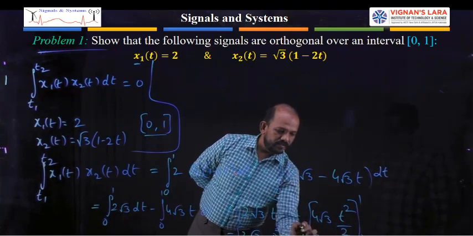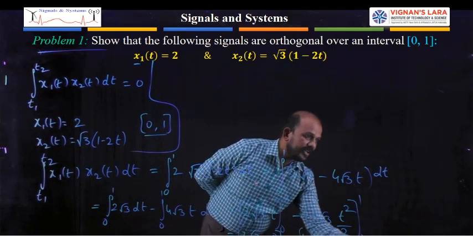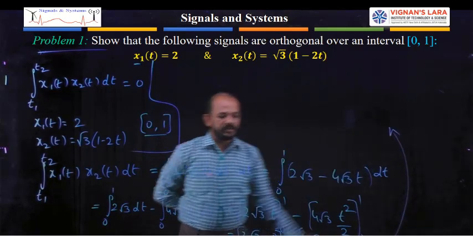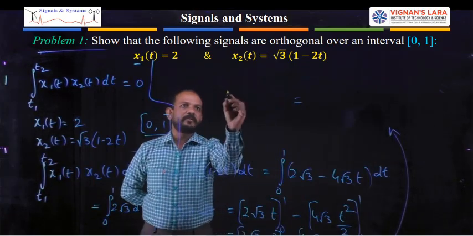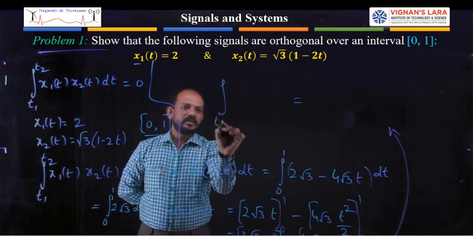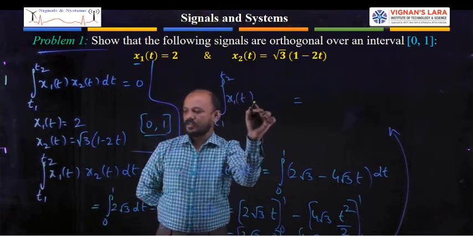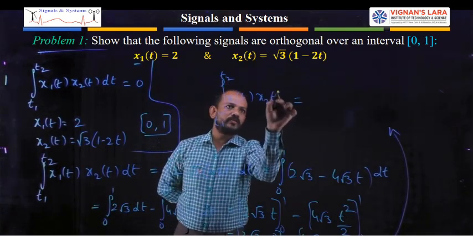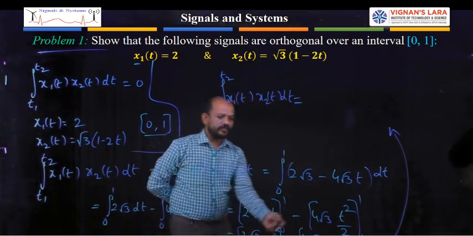Okay, see, this is 1. For this I am writing it here. So finally, what am I finding? The integral from t1 to t2 of x1(t) x2(t) dt will be equal to this continuation.